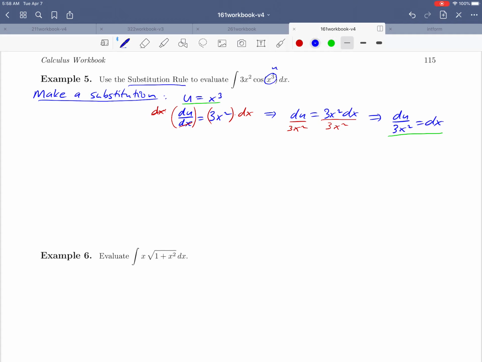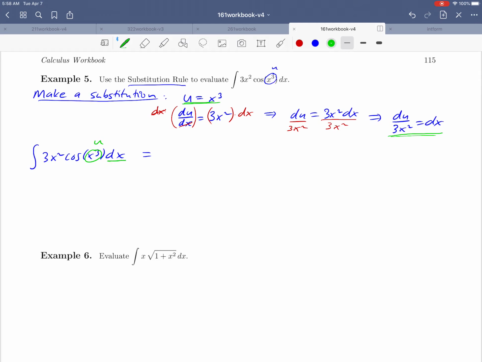All right, so back to the integral that we're trying to do. I'm just going to rewrite it: the integral of 3x squared cosine of x cubed. What we're now going to do is substitute those two things in that we just underlined in green here. The x cubed was equal to u. That was the substitution that we made.